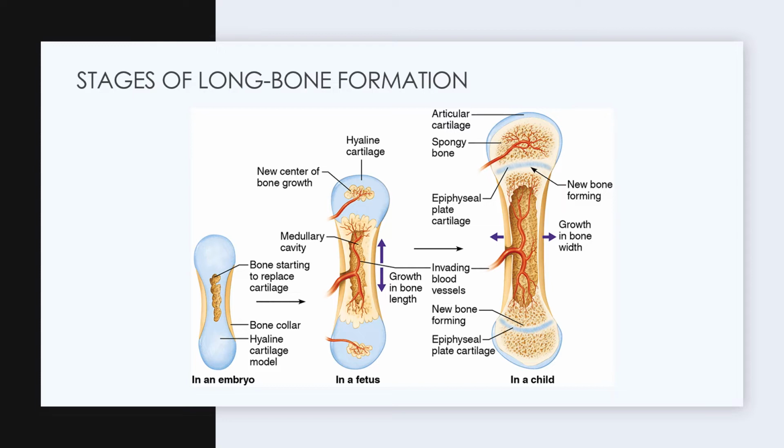Then in the fetus, the enclosed hyaline cartilage model is replaced by bone, and that center is digested away, opening up the medullary cavity, which holds the red marrow until they're 5 to 7, within that newly formed bone.